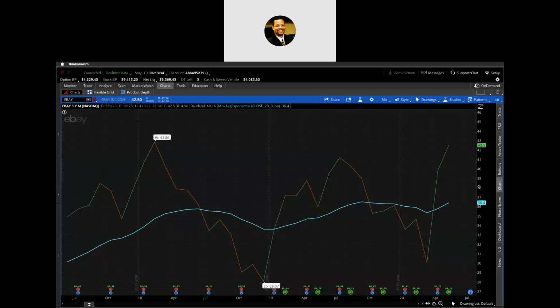What is the current price trend? This chart is specifically telling you what the current price trend over time has been and is for eBay, because all of this is history. It's almost back to its highest high in the last 3 years. Pretty much, yeah. So what would you do?